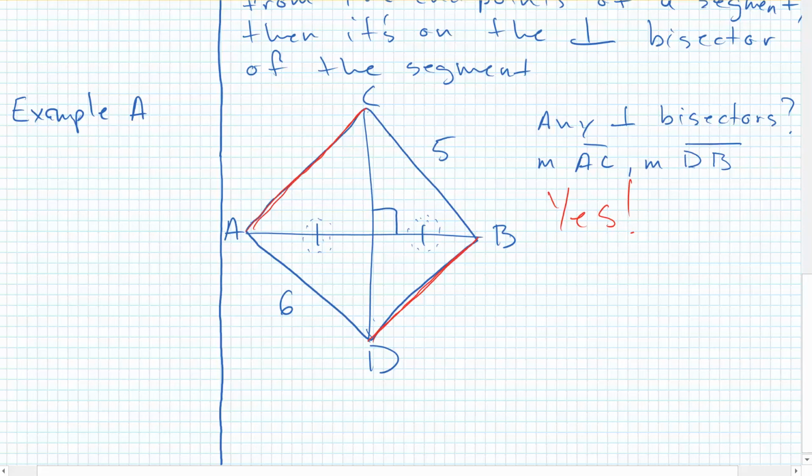So since the distance from C to B is 5, A to C has to be 5. And since the distance from A to D is 6, D to B has to be 6 as well. If you're looking at this and thinking, well, that looks too easy, it really isn't. It's just this easy. It's not too easy, it is this easy. So don't make it harder than you need to.